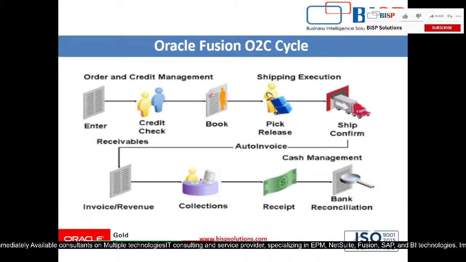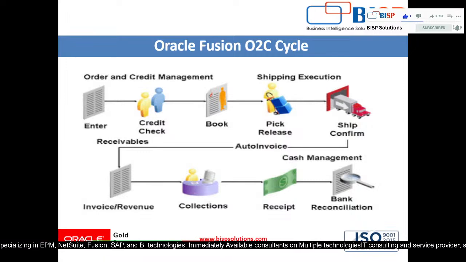Based on the item, we insert the item name and description, and we have to check the on-hand and quantity over here, and at the end we book this sales order.